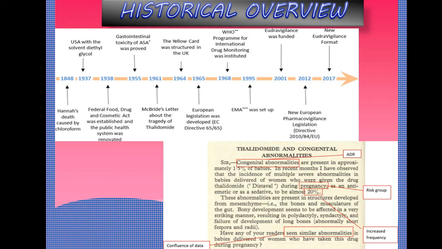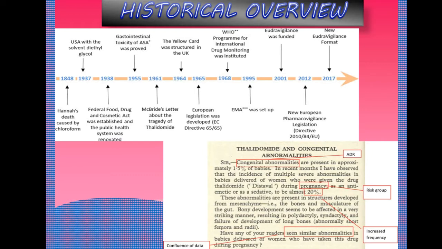So a doctor, MC Bright, an Australian doctor, took the initiative and wrote a letter to the editor of the famous Lancet journal, suggesting a connection between congenital malformation of babies and thalidomide, because he observed that the incidence of congenital malformation, which was initially 1.5%, had increased up to 20% in the year 1961 in those who had taken thalidomide during pregnancy.